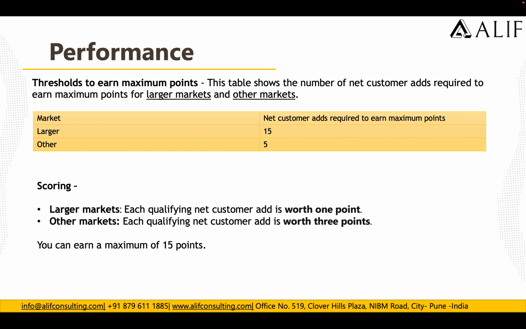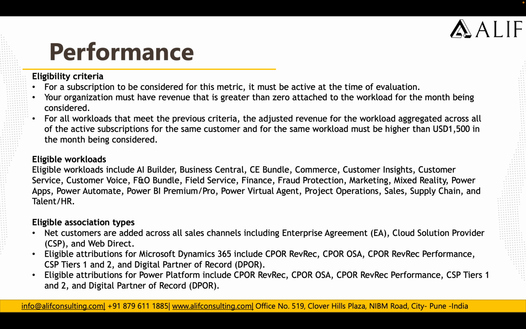Now how does the scoring happen? For the large market, each qualifying net customer add is worth 1 point. For the small and mid market, each qualifying net customer add is worth 3 points, and in this category you can earn a maximum of 15 points. What are the criteria, right? For a subscription to be considered for this metric, it must be active at the time of evaluation.